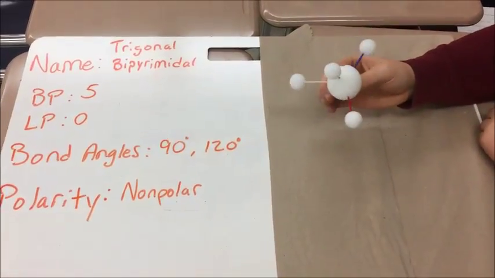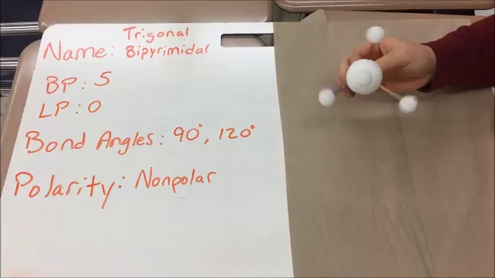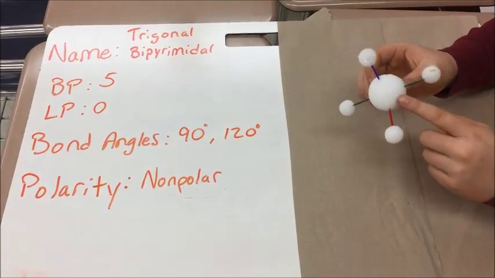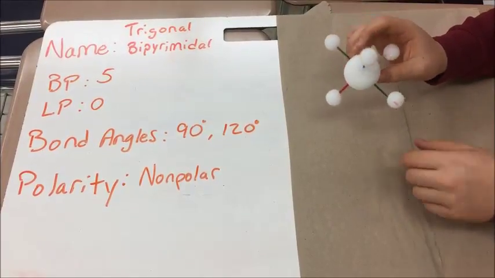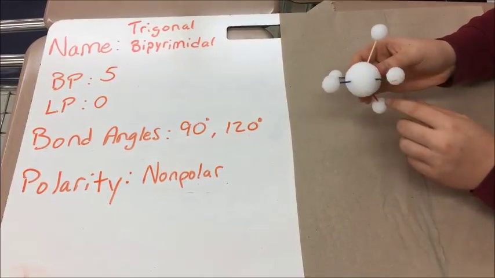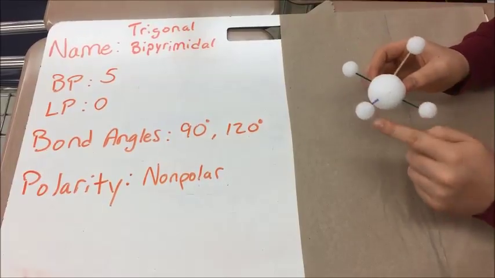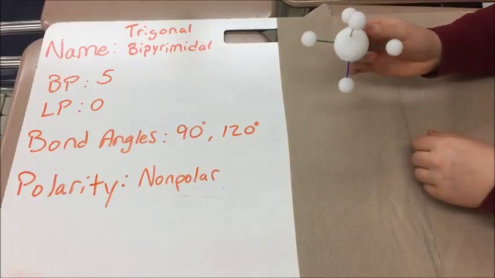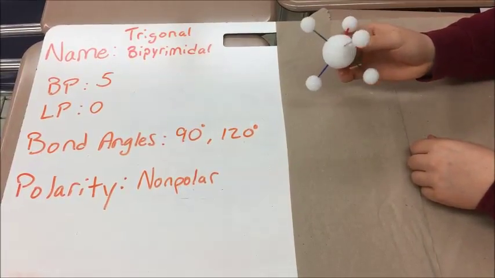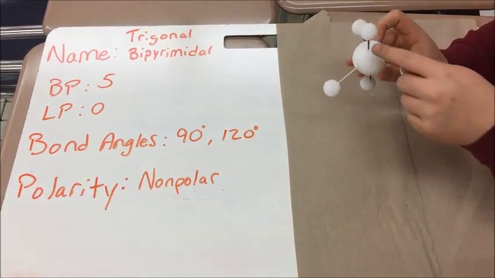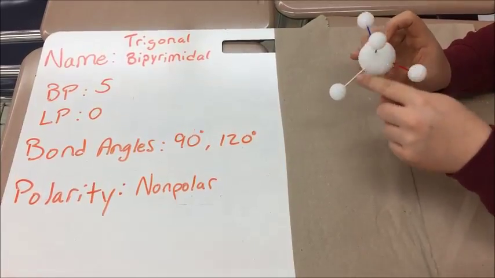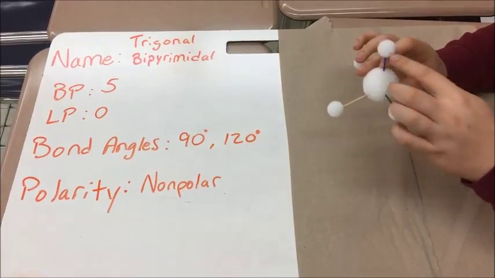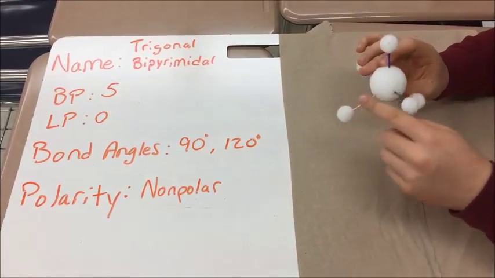This is trigonal bipyramidal because there are 5 bonded pairs and 0 unbonded pairs. It has 3 on one plane and then 2 on its axis, and its bond angles are 90 degrees, which is from the axis to the plane of 3, and then 120 between the 3 on the same plane.